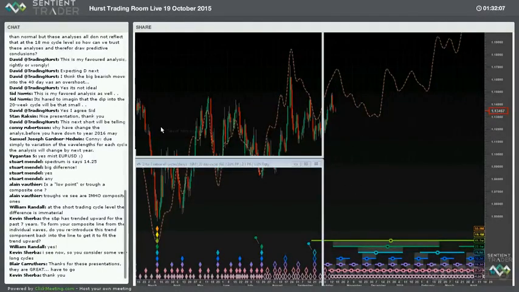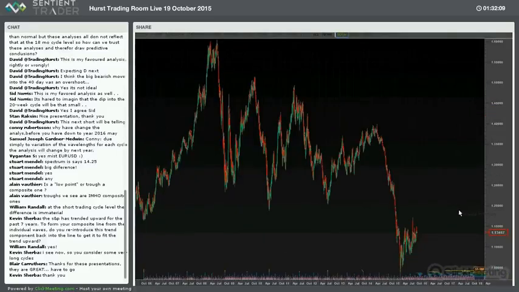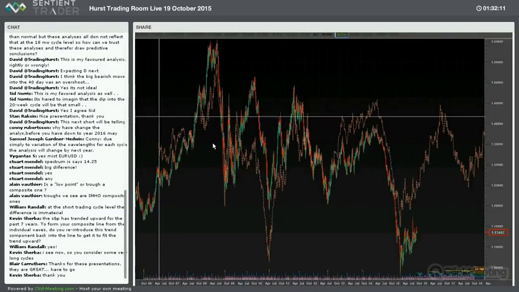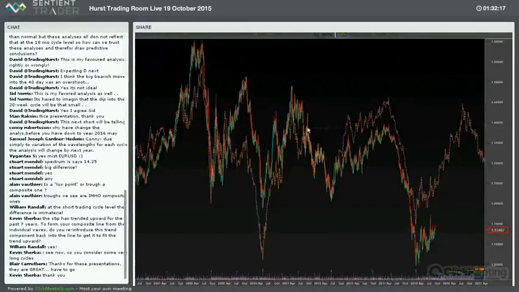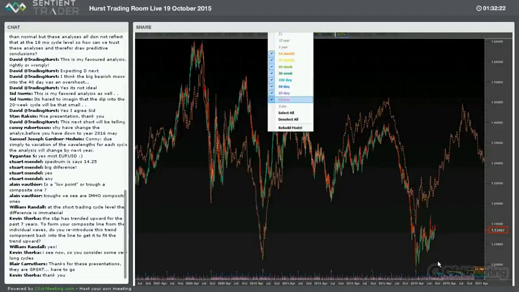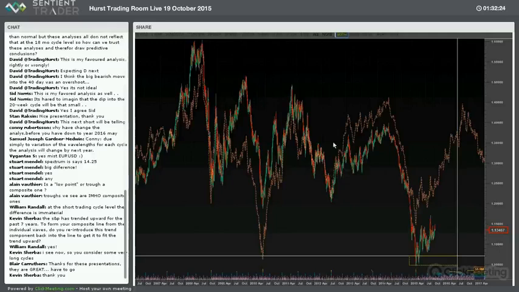Here's the other analysis that I have entered previously for the euro US dollar, and this uses a different model. I won't go on at length about it, but you can see this composite model line matches the price action more closely. Let's just zoom in and see what's expected here.